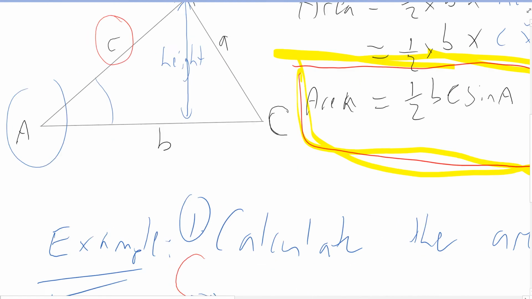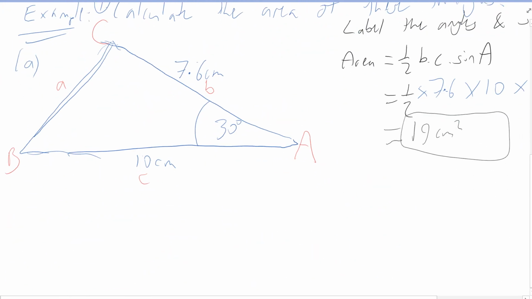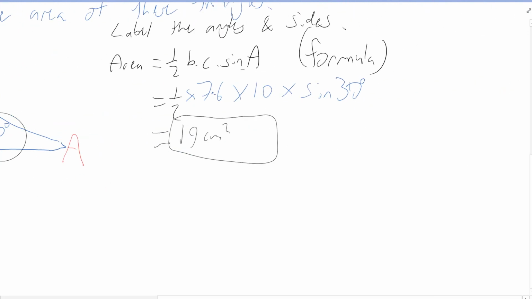And then in the second one we did, this one here, again, the angle, the 30 degrees, was in between the two sides that we knew. And that meant that the letters for the sides that we knew were different to the letter for the angle that we needed. Because which side did we not use in this formula, guys? We didn't use the a. We didn't need the side that was opposite the angle. So that's why, notice how the letter for the angle is A, which is different to the letter for the sides that we used.